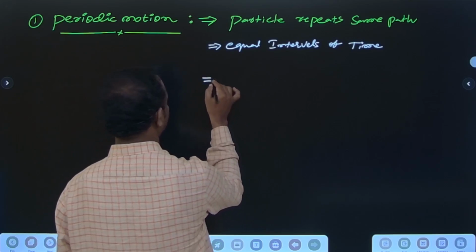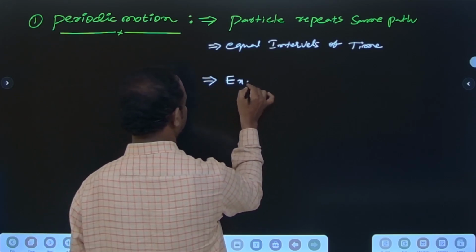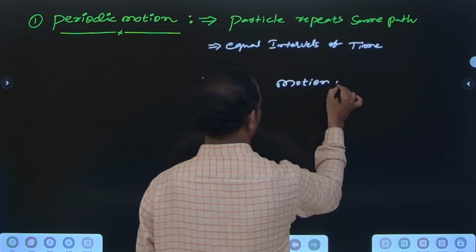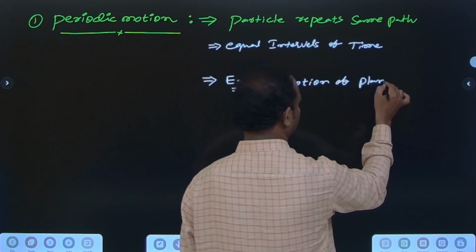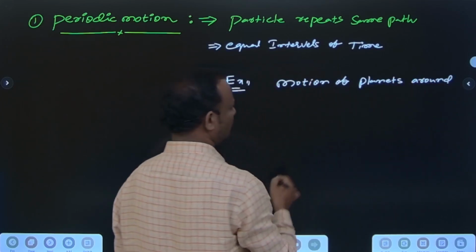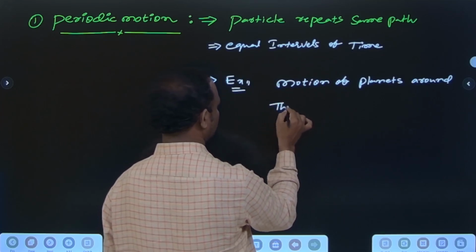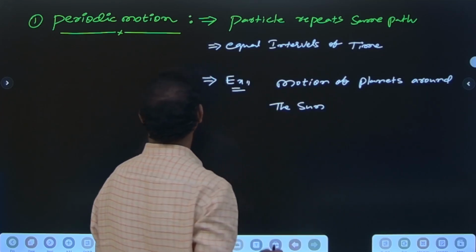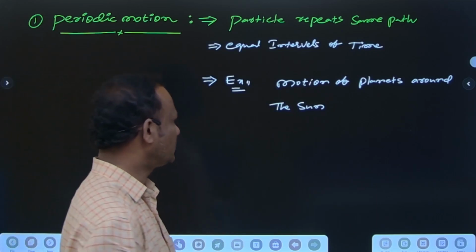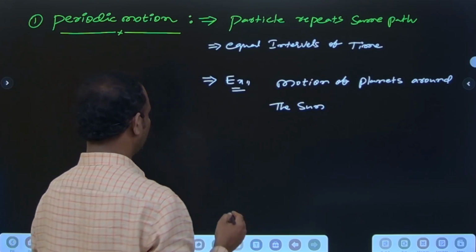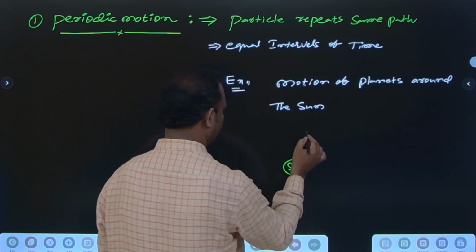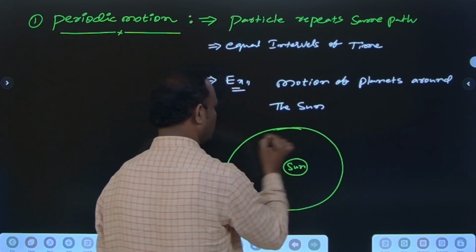So what is an example for this? The example is the motion of planets around the sun. The motion of planets around the sun is periodic motion. This is the sun, and the planets are revolving around the sun.